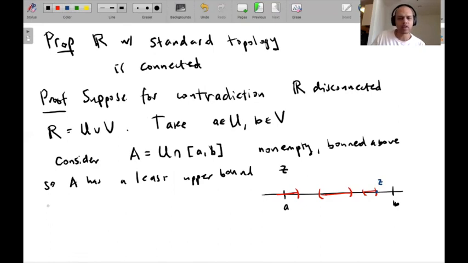So now let's consider, there's 2 cases. Case 1 is that Z is either in U or in V, and let's consider these 2 cases separately.